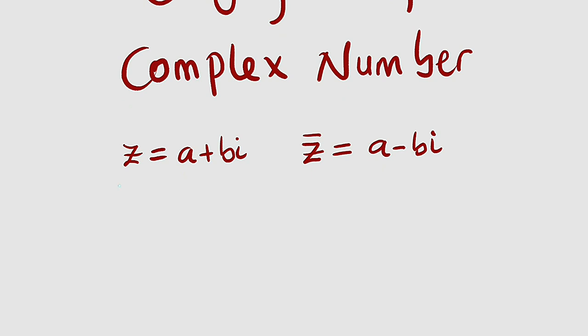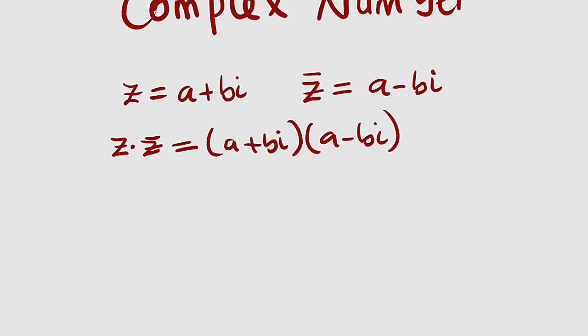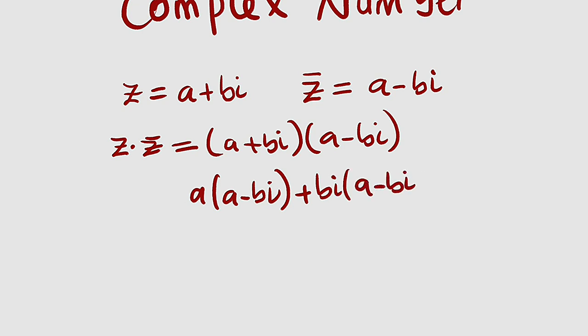So we want to multiply Z by Z bar, which is the same thing as A plus Bi multiplied by A minus Bi. Let's distribute. We have A multiplied by the whole of A minus Bi, then we add Bi multiplied by the whole of A minus Bi.